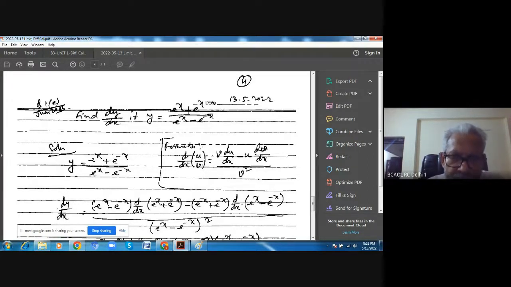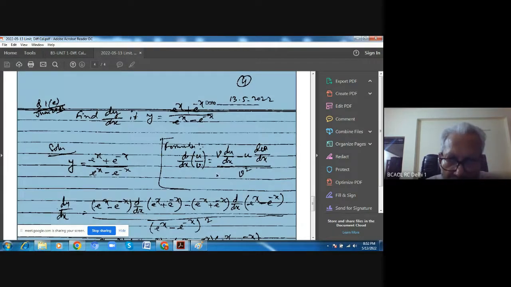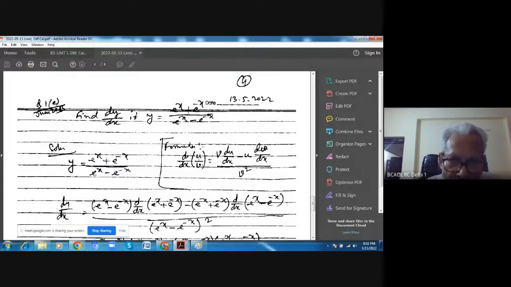The formula is this: when you take dy by dx, d by dx of a ratio, this portion is u and the denominator is v. So the formula is, first the lower portion v comes, then du by dx, minus, then the derivative of the second function. There are two functions, u and v.